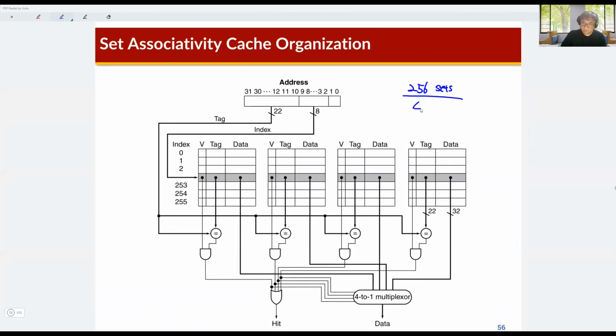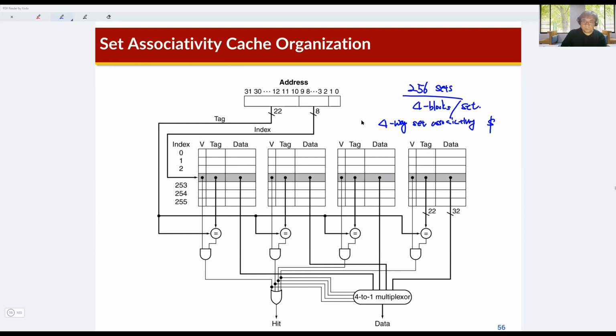There are 4 blocks per set. So what is the set associativity of this cache? This is a 4-way set associative cache.